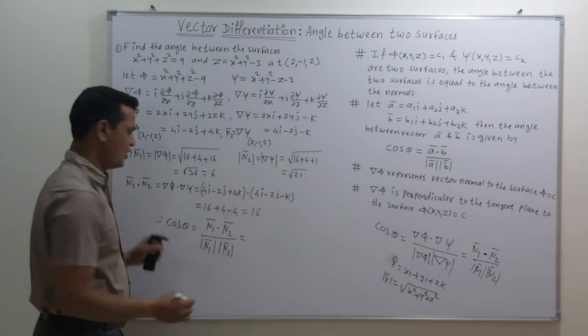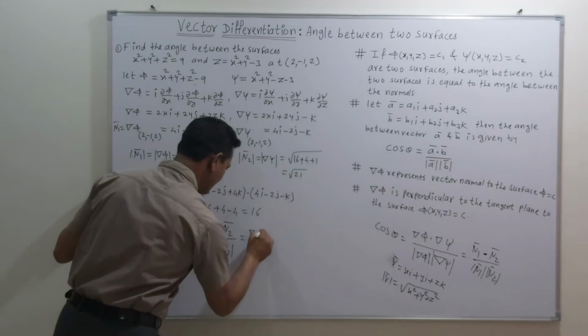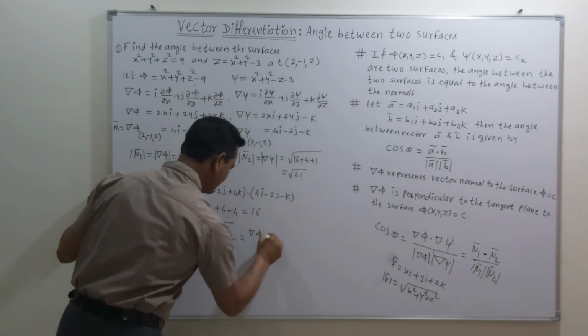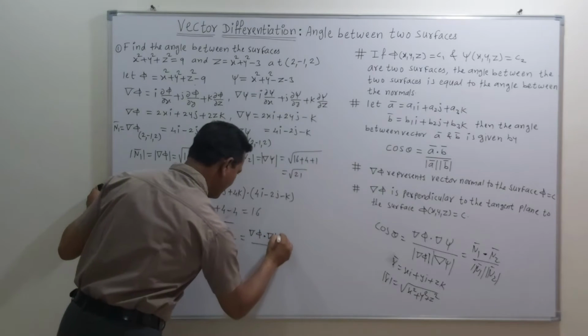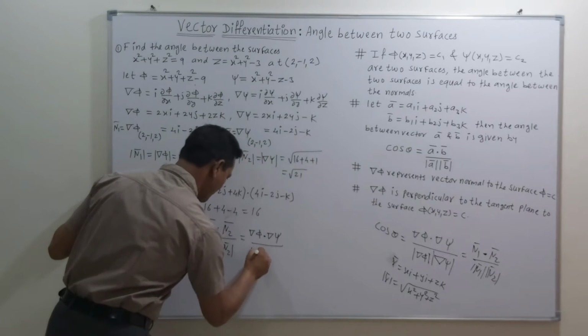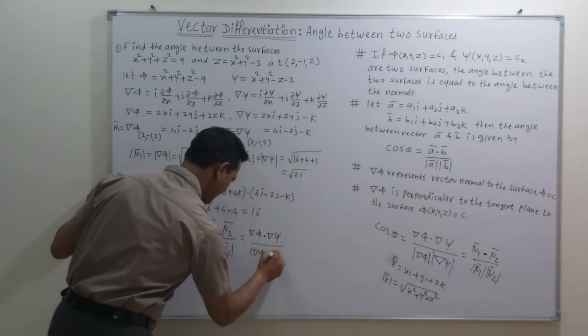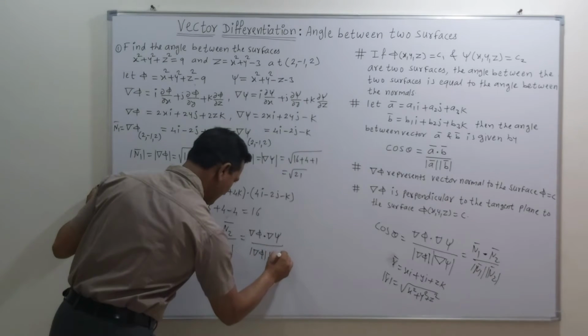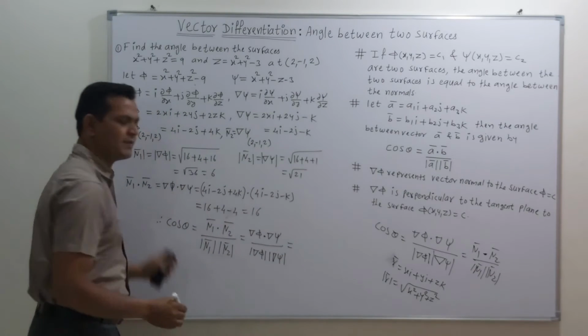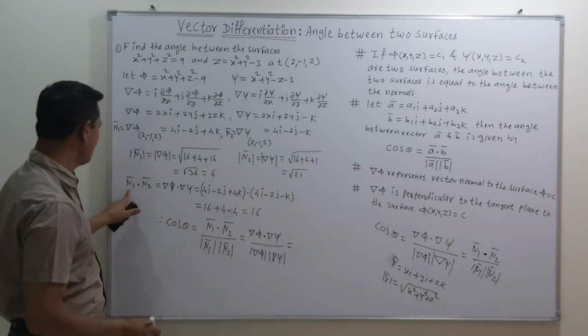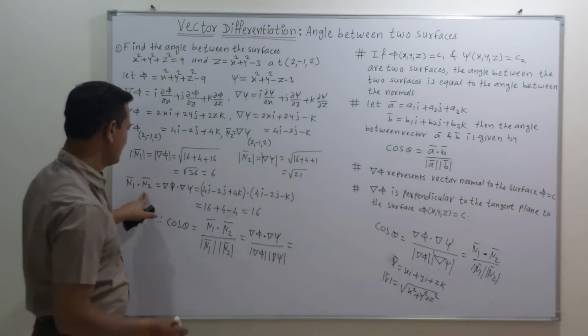In simple language, we may write this as del phi dot del psi upon the magnitude of del phi and the magnitude of del psi.